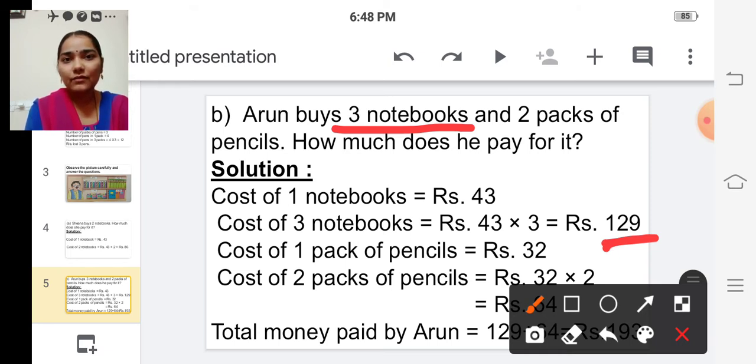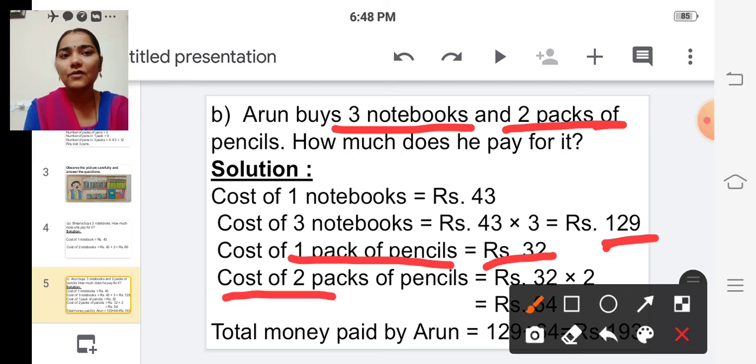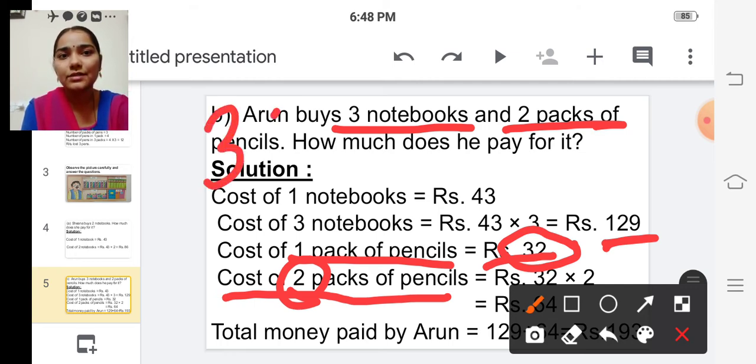And next, what we have to find? We have to find the cost of 2 packs of pencils. And what is the cost of 1 pack of pencils? It is rupees 32. For that, we have to multiply this 32 into 2.